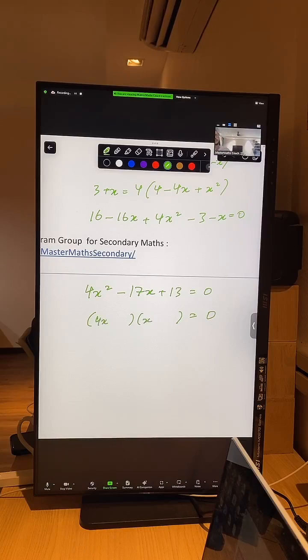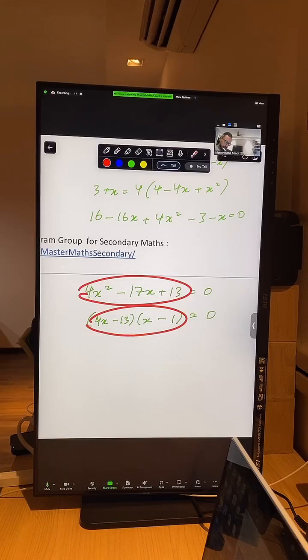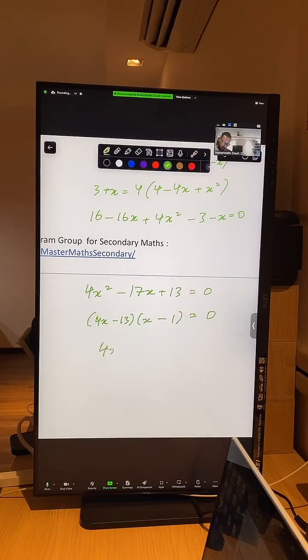So you use your cross method to factorize, and then you can put a 13 here and a 1 here, and this is minus and minus. When you expand it out, you should get back this. And then finally you get 4x minus 13 equals 0, or x minus 1 equals 0. So x is 13 over 4, or x equals 1.